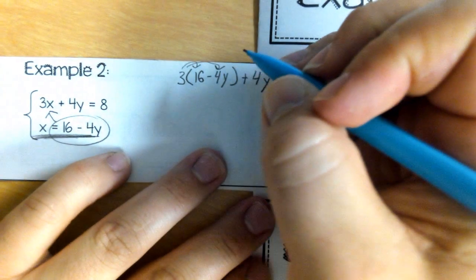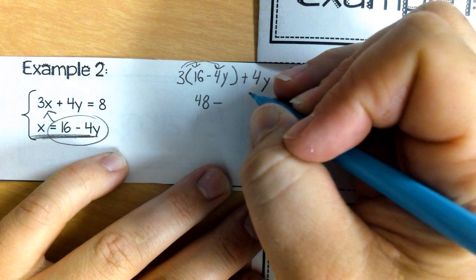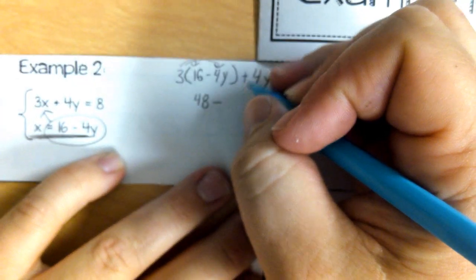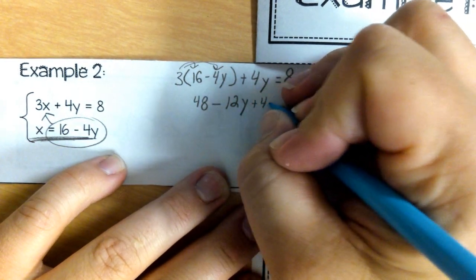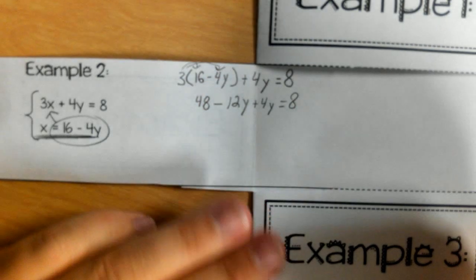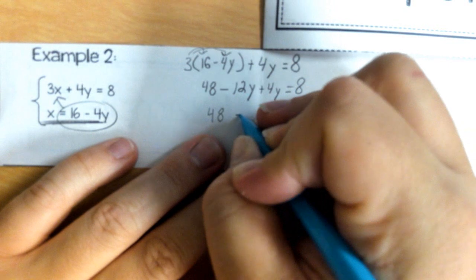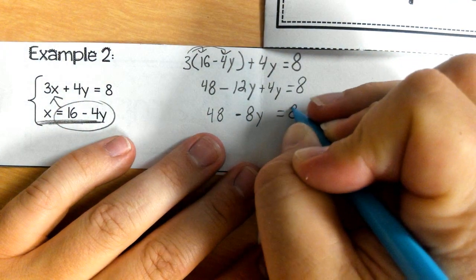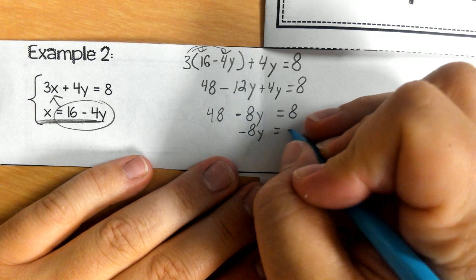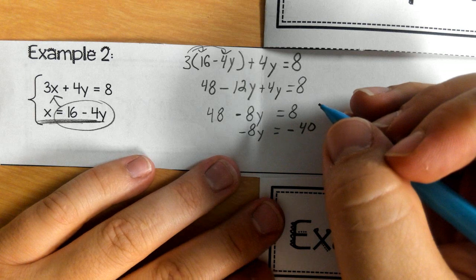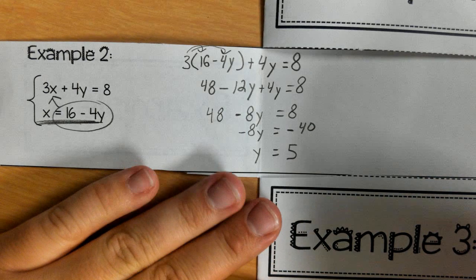Distribute, I get 48 minus 12y plus 4y equals 8. 48 minus 8y equals 8. Negative 8y equals negative 40. y equals 5.